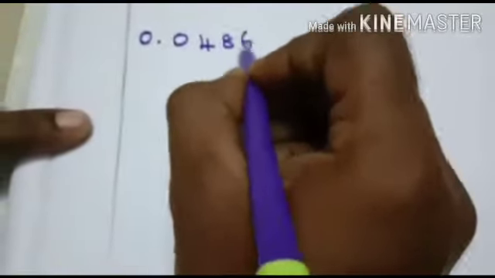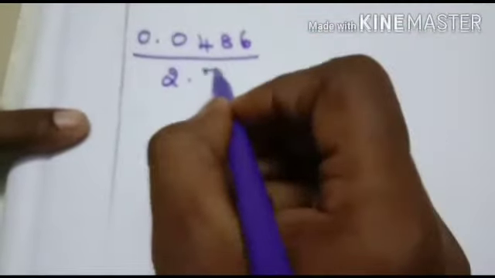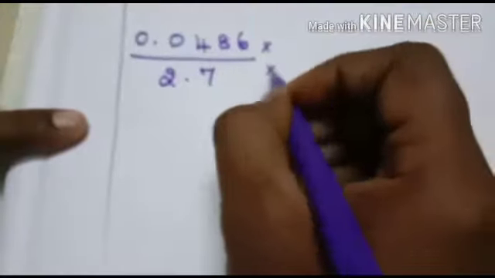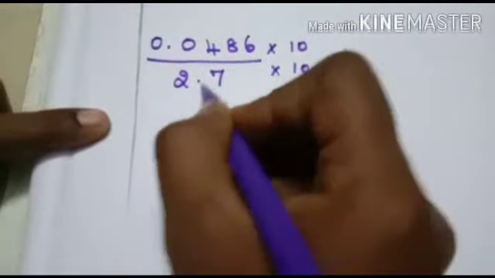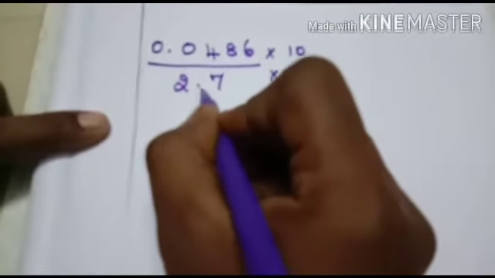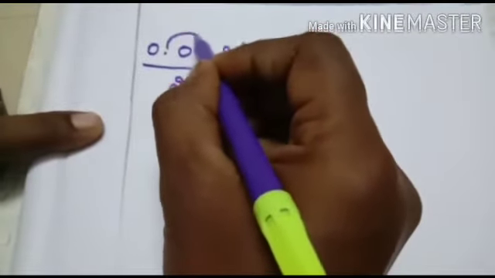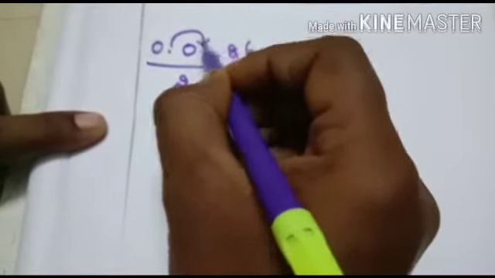So here, 0.0486 divided by 2.7, multiplied by 10. When we multiply by 10, the decimal point moves from left to right, and here also the decimal point moves from left to right.